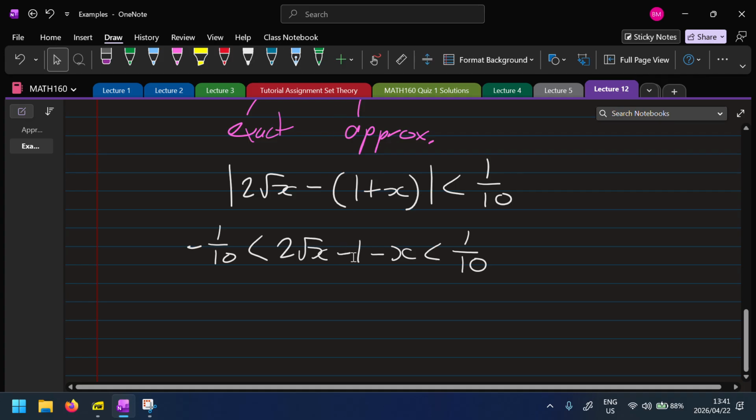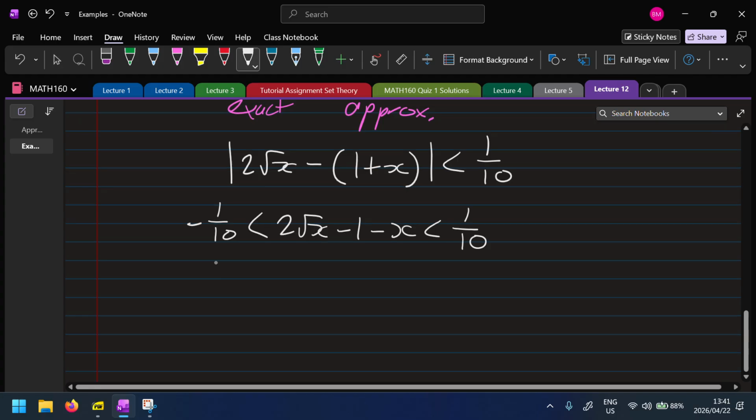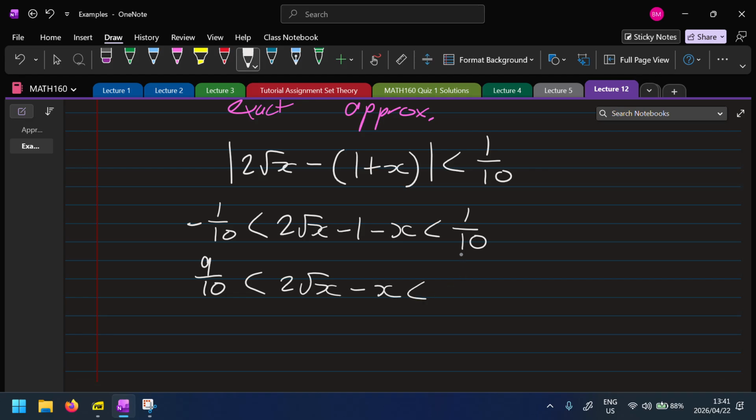We've got this minus 1 here, we can add to both sides. So on this left side, we can add 1, that will be 9 over 10. And then add on to the right-hand side, that will just be 11 over 10. Now, the issue is that root over there, that's giving us some problems. So let's try to isolate the root x on one side.